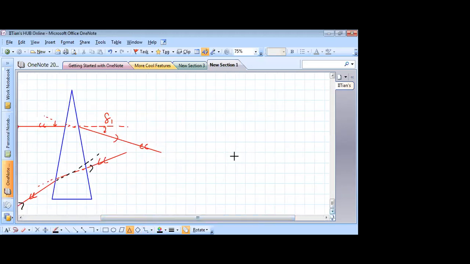So we can go back to our more fundamental kind of situation. So we have a ray of light incident like this.